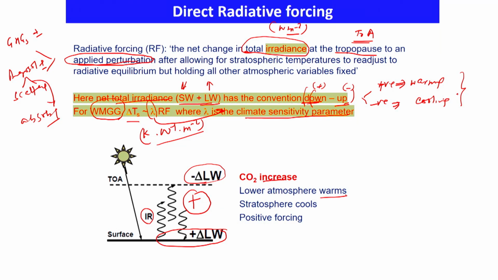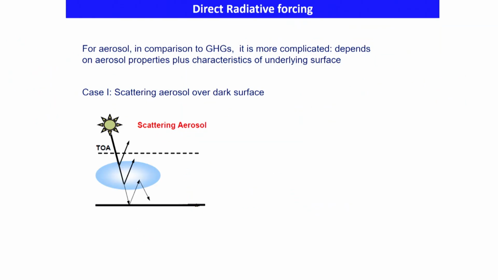The lower atmosphere will warm, because CO2 increase means it is going to trap more of the radiation, which increases the temperature, whereas the stratosphere will cool and it will have a kind of positive forcing. This is the concept of greenhouse gases, not only for CO2, you can take this concept for any other greenhouse gases, which will trap more of the IR radiation in the lower atmosphere. So this means warming, and it will have a positive radiative forcing.